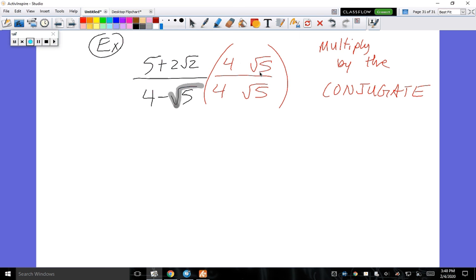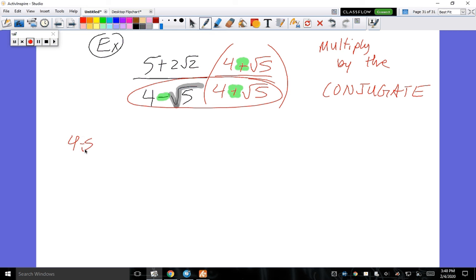The only difference is your goal is to do the opposite sign, because guess what I'm looking at right now? Not 0, but a difference of squares.